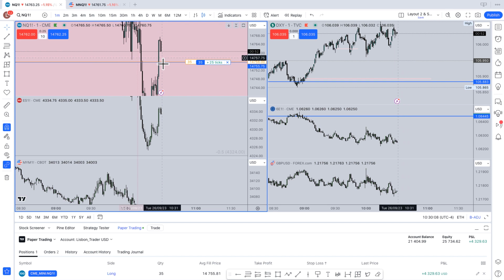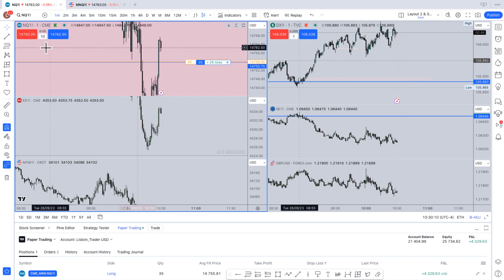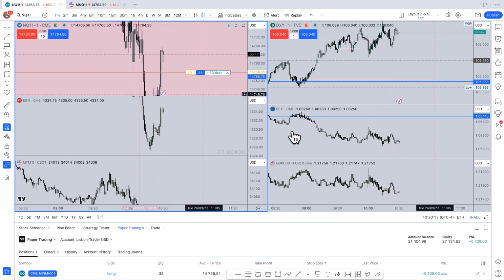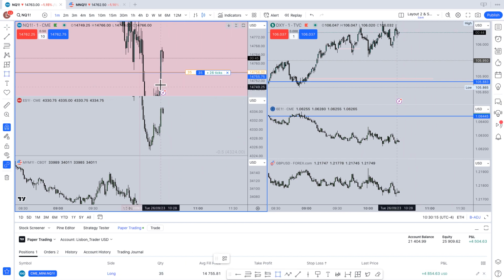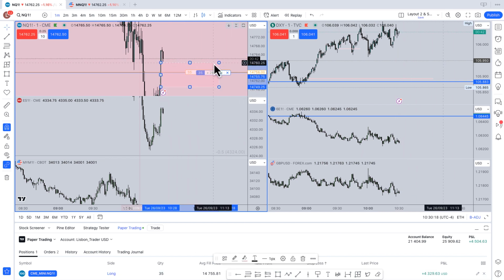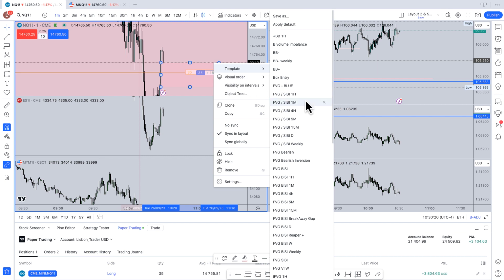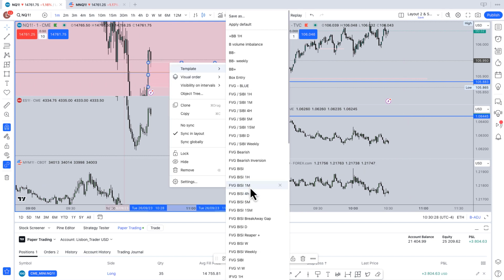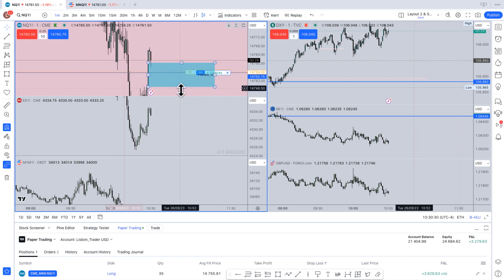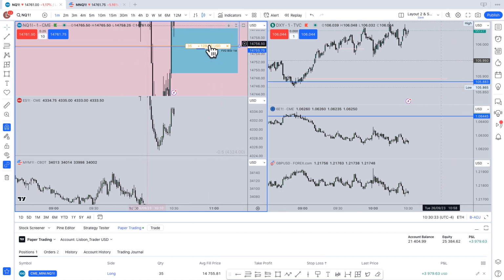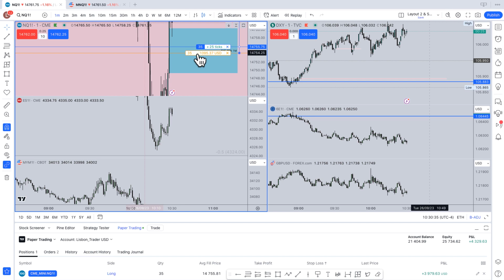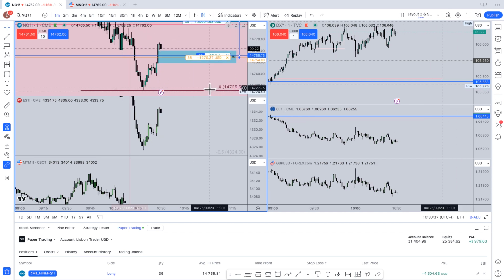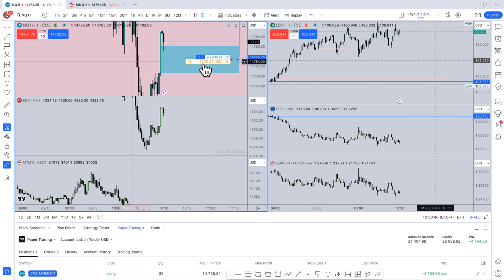Let's see if we can hold this volume, this fair value gap as a breakaway. 1 minute imbalance. So this is middle threshold. Sorry, consequent encroachment. So I'll put my stop there and keep on buying.